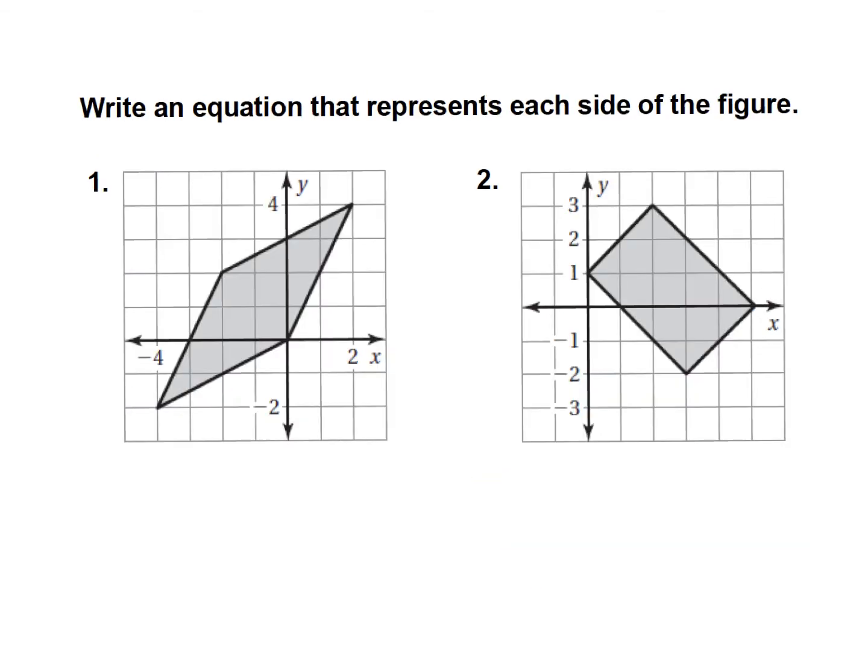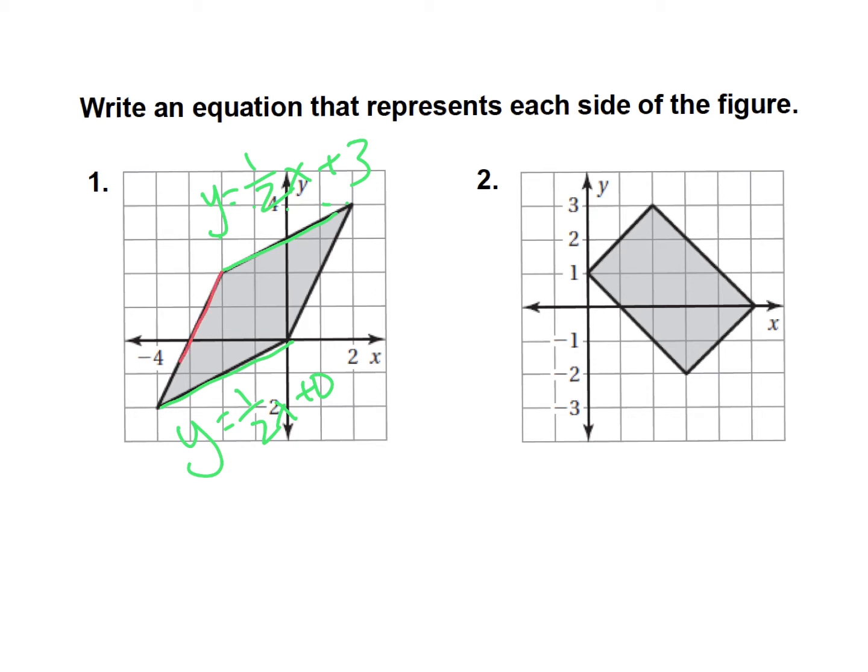Remember, you had to find equations for each side of a parallelogram. So for this one, we have y equals, I'm going to go 1, 2, 1, 2, 3, 4. So that's 1/2 x, 1, 2 plus 3. This one is parallel, so y equals 1/2 x plus 0, or you could just leave it alone.